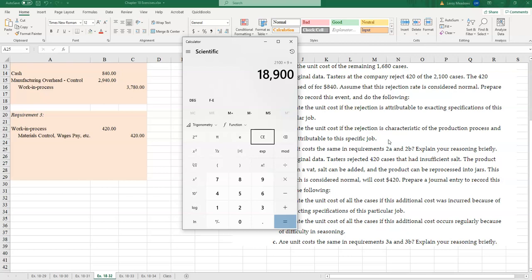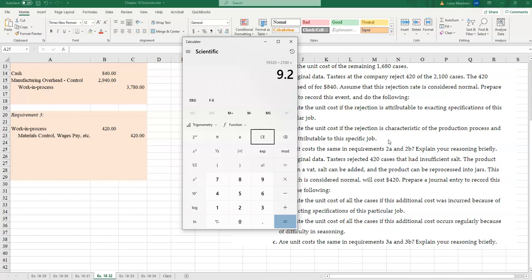Plus the additional cost of rework, or adding additional salt, the wages, depreciation, everything associated with that, plus $420. Now I'm going to take that additional rework in addition to the original cost and spread that out evenly over the 2,100 units. And when I do that, I get a cost of $9.20 per unit.